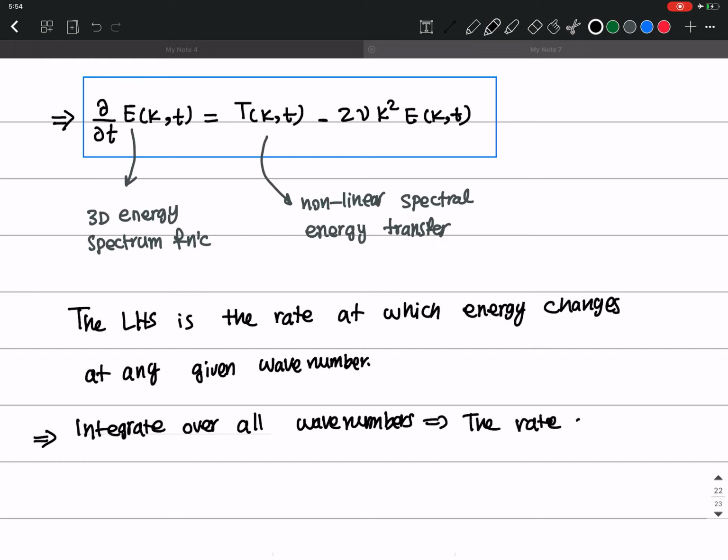That is the rate of change of the whole kinetic energy with time, because now we are integrating over all wave numbers.